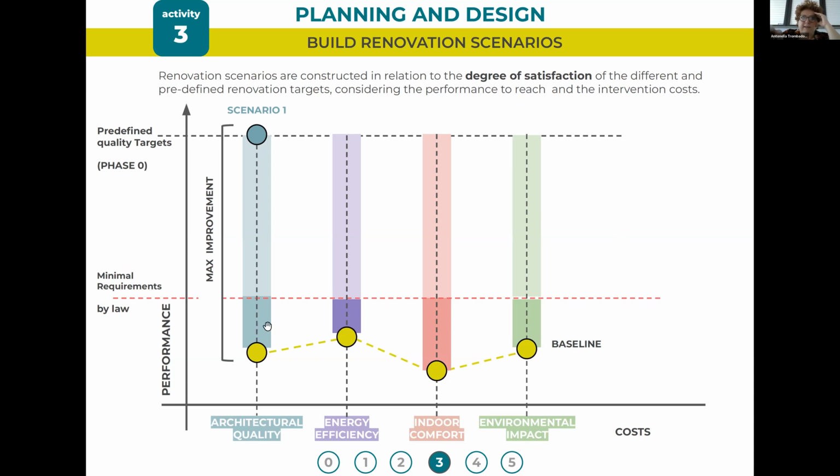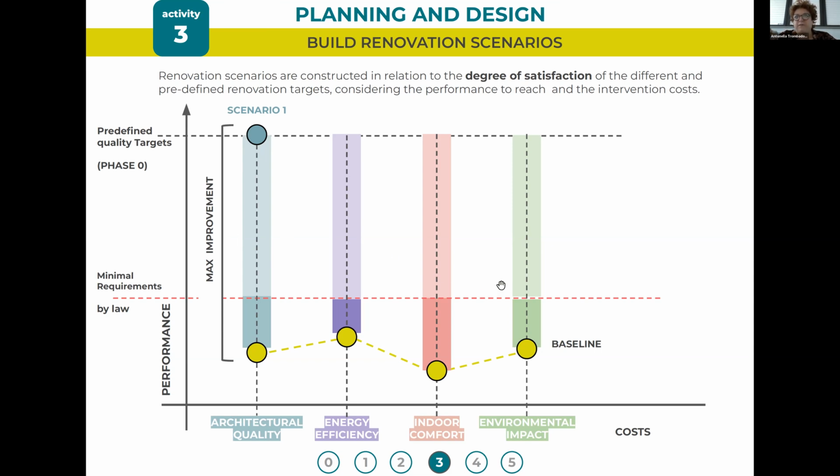Then we can represent the minimal requirements, so the level that we need to reach by law. So of course, we need to investigate the technology that allows us to reach the minimal requirement. But we can represent our vision, our target, the quality target that we defined in phase 0. So creating different scenarios, because, as you can see, it's like a mathematical system, no?